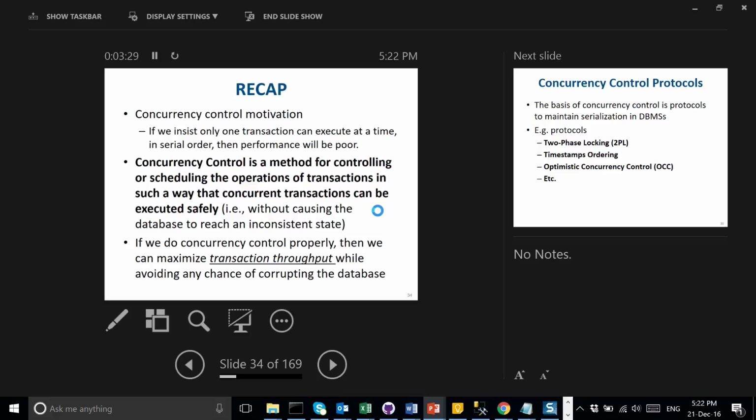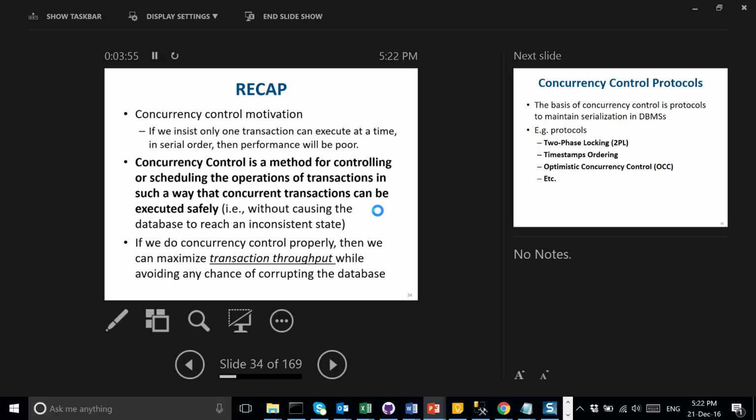Yes? So the good news here is that at the end of the day, what the database sees is multiple transactions coming, and these transactions have different operations. A transaction is nothing but a set of operations.